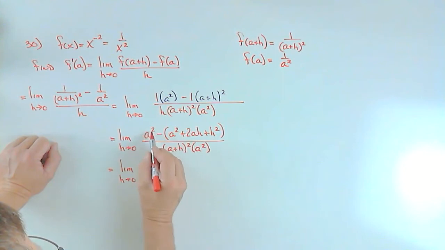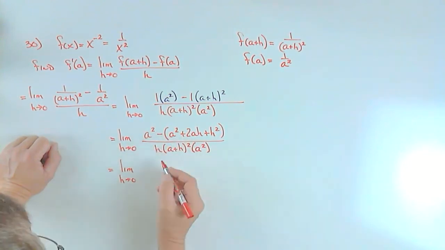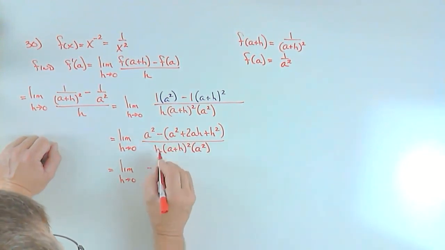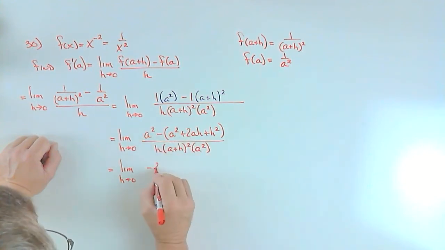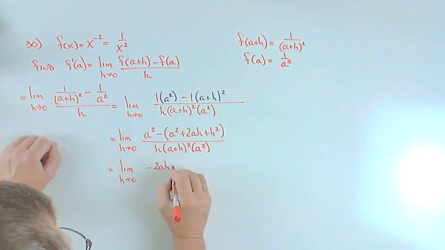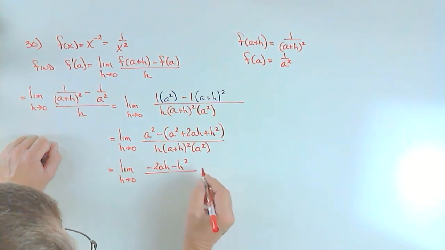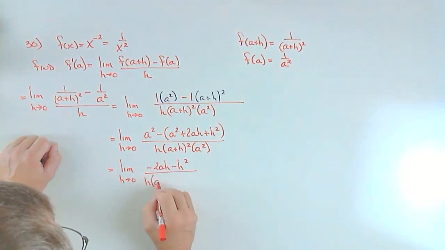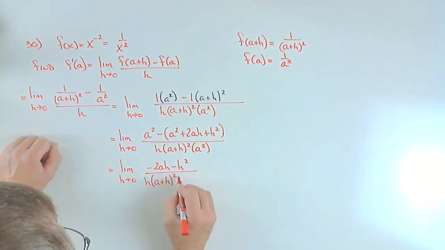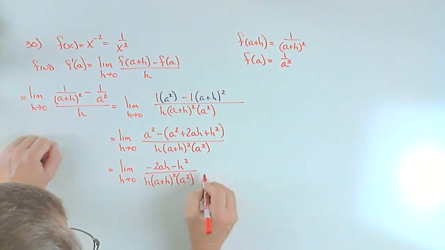What do I have on the top? Well, that's a squared minus a squared. Those cancel. I have left negative, don't forget the negative, don't forget to distribute, 2ah, negative h squared. On the bottom, I have an h, a plus h squared, a squared.